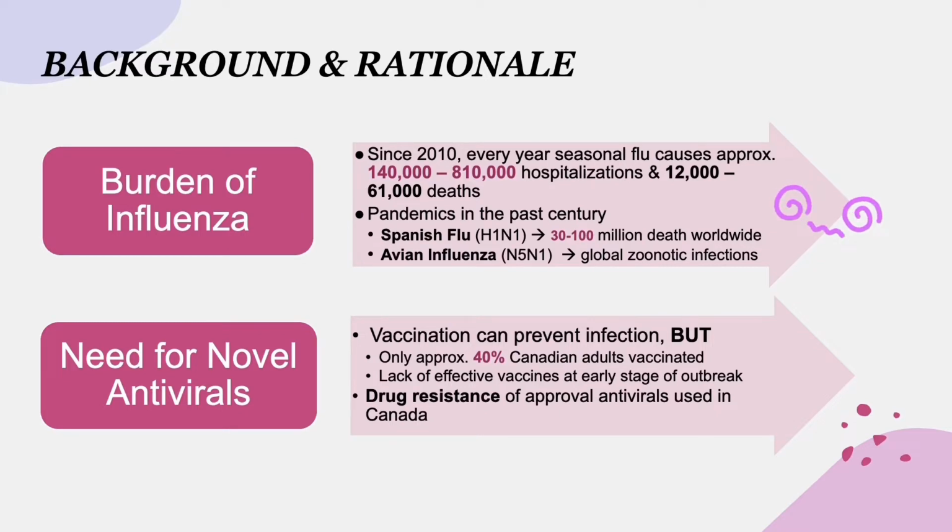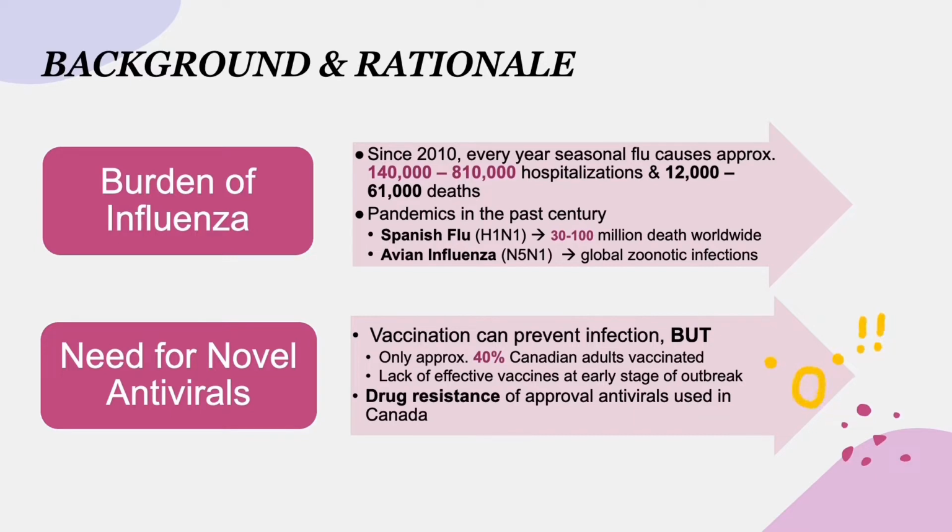However, the impact of the disease was significantly greater during the three pandemics in the past century. The Spanish flu H1N1 caused about 30 to 100 million deaths worldwide. Furthermore, the H5N1 avian influenza virus has potential as a global threat of zoonotic infections.